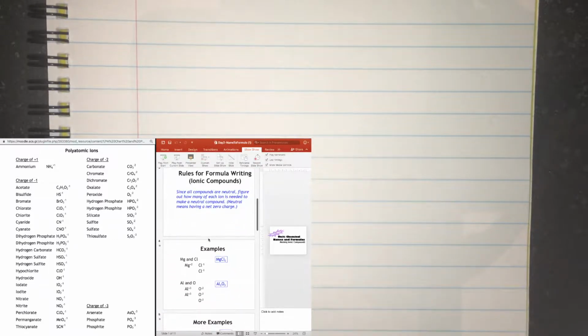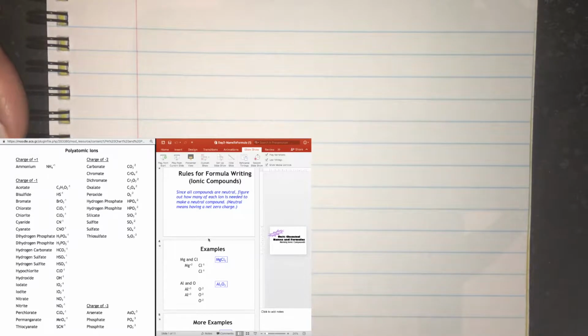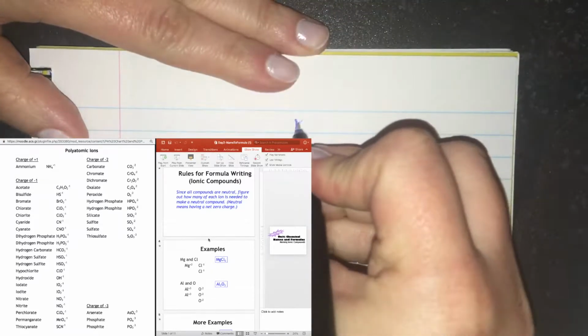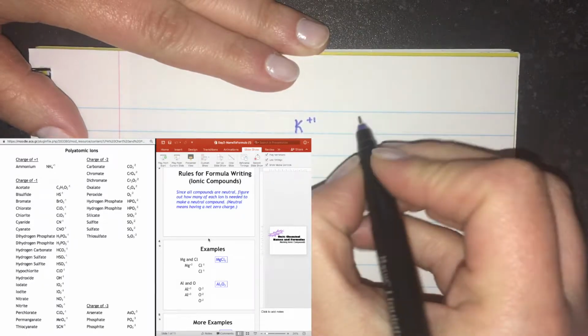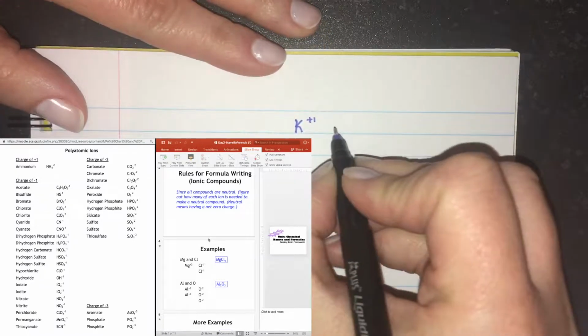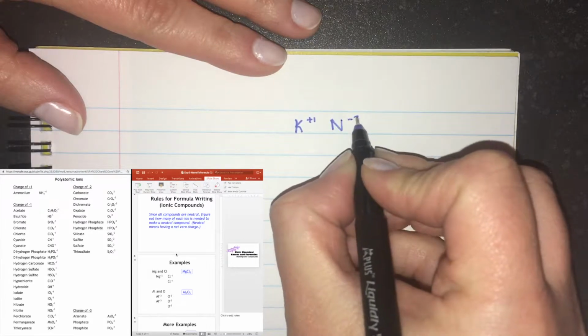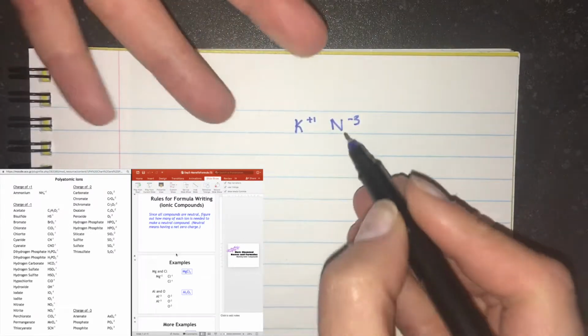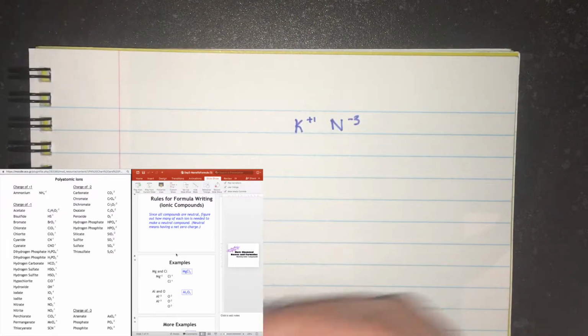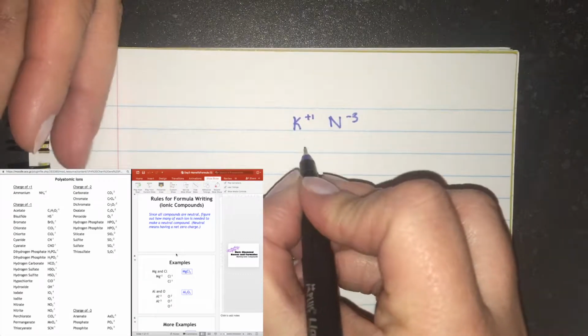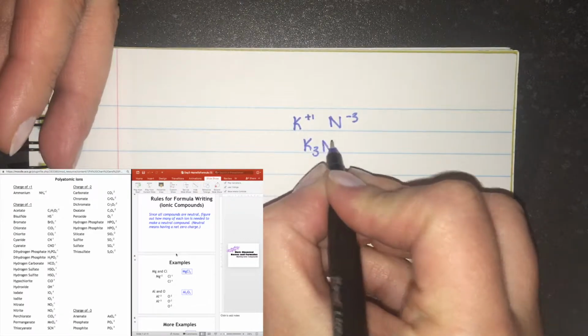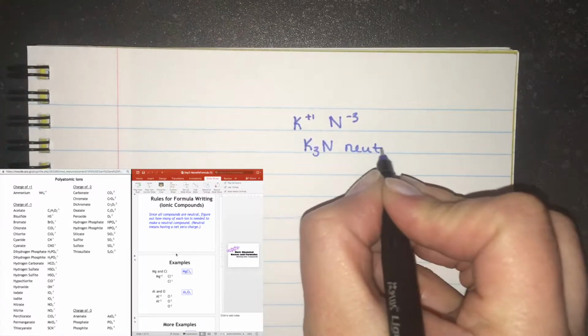Okay, so rules for formula writing. Even though ions have a charge, ionic compounds are neutral. For example, like we talked about yesterday, potassium has a +1 charge and nitrogen has a -3 charge, but the actual compound they create, K3N, is neutral.